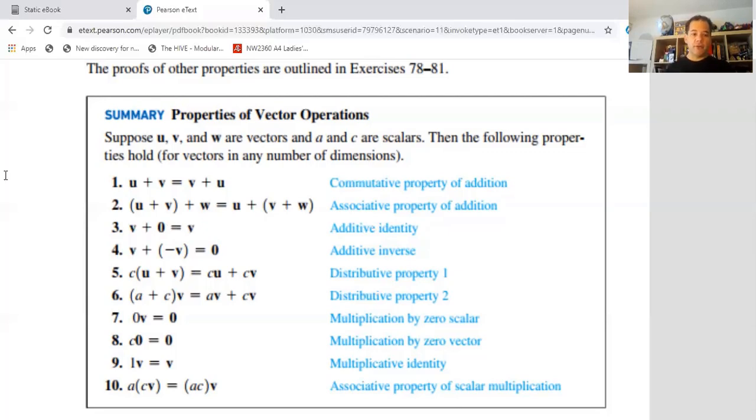If you add a vector with its negative, the one that points in the opposite direction, then they're gonna cancel out and you're gonna get the zero vector. If you multiply by a scalar a sum of two vectors, you can multiply the scalar times the first plus the scalar times the second, the distributive property.